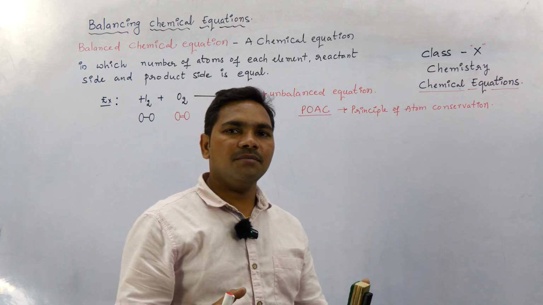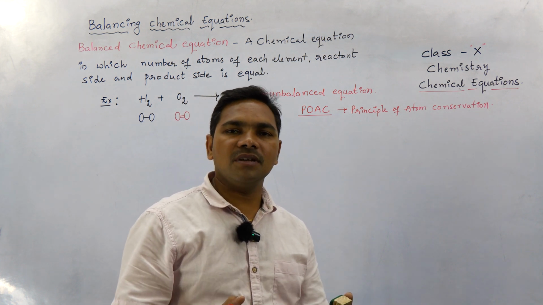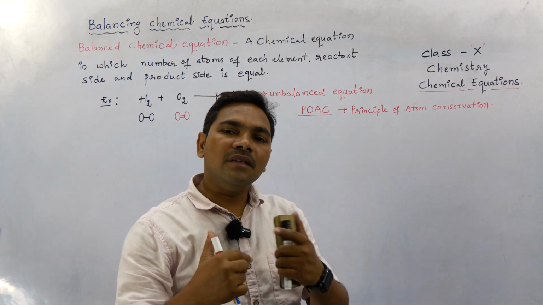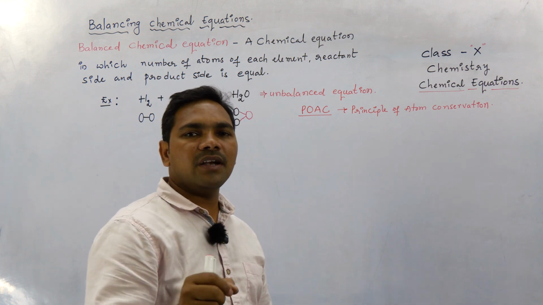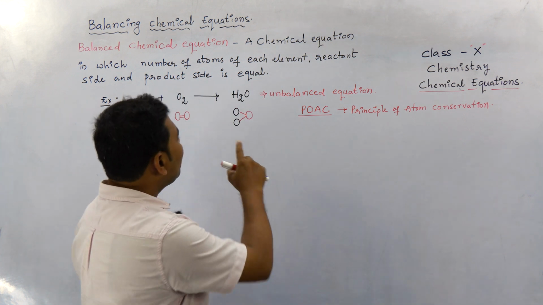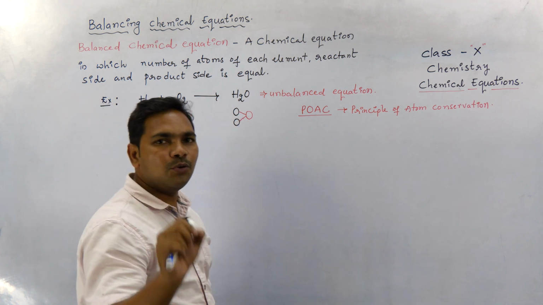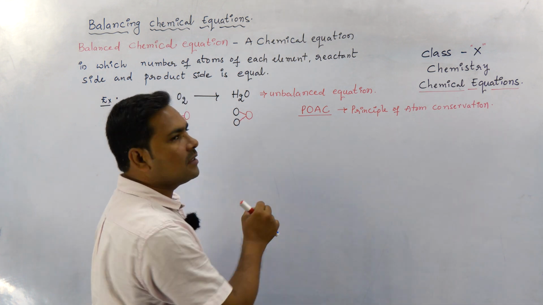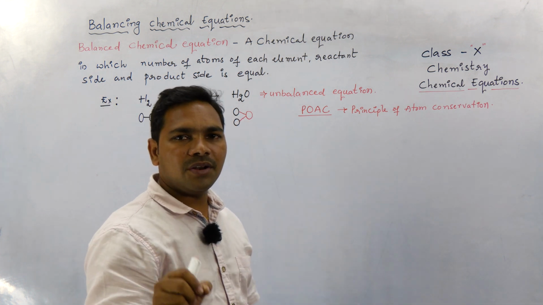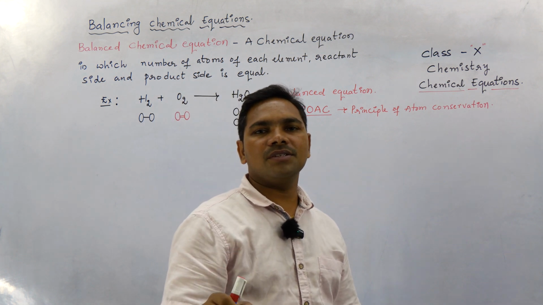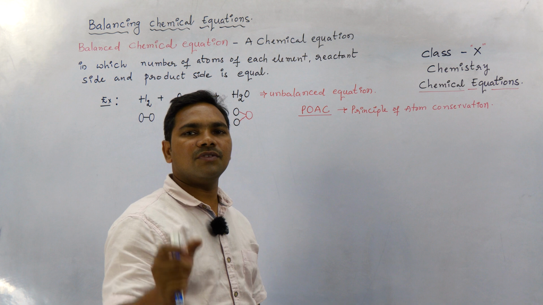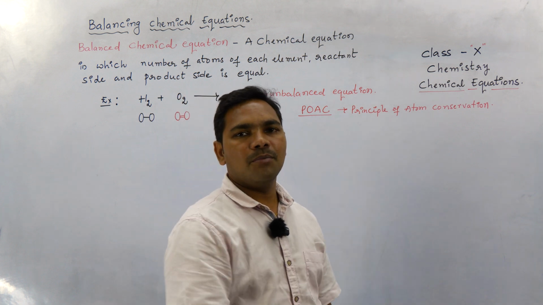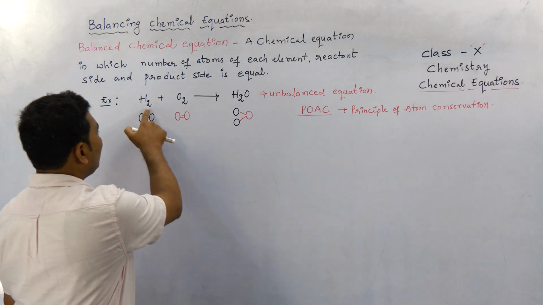So the atoms are the same, the types of atoms are the same, but the arrangement is different. Due to different arrangements, different substances with new properties are formed. This is the main aspect of a chemical reaction. As a result of a chemical reaction, new substances with a new set of properties are always produced. We see here hydrogen.